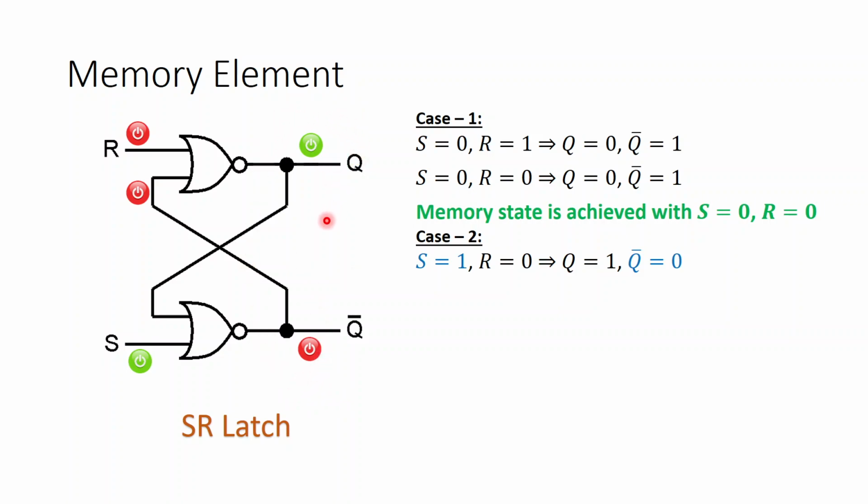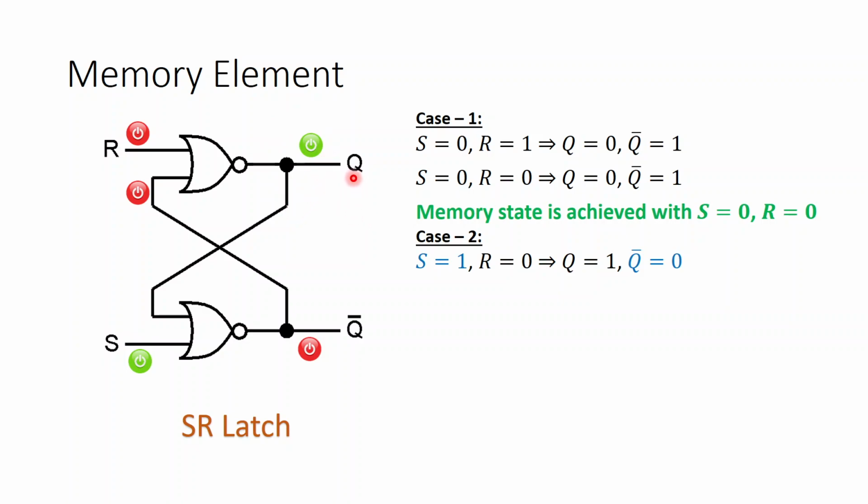And please remember, this output appears no matter what the previous output is, because of S being 1. S being 1 definitely changes the output of the S NOR gate. It becomes 0. The inputs of the R NOR gate are both 0 now, so it definitely makes the output of the R NOR gate 1.